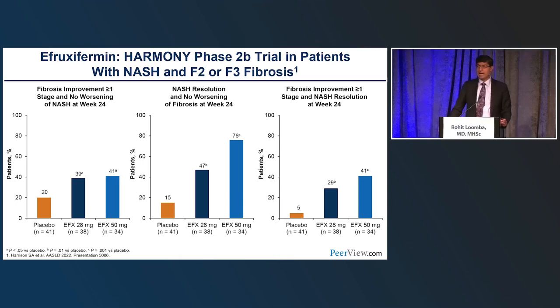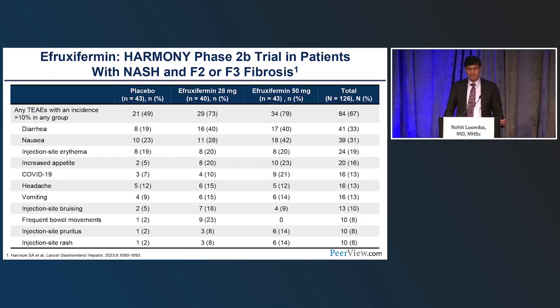Fibrosis improvement and NASH resolution at week 24 was seen about 41% of patients with 50 milligram dose and 29% on the 28 milligram versus 5% on placebo. These are some of the side effects associated with efruxifermin. Again, GI side effects are common in patients treated with FGF21 across the board.